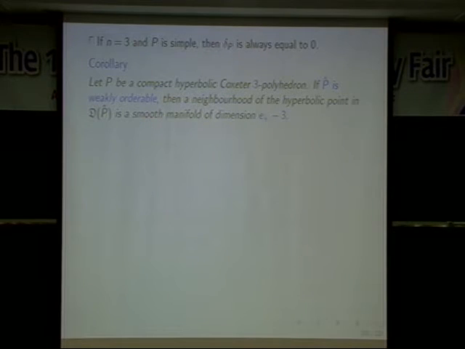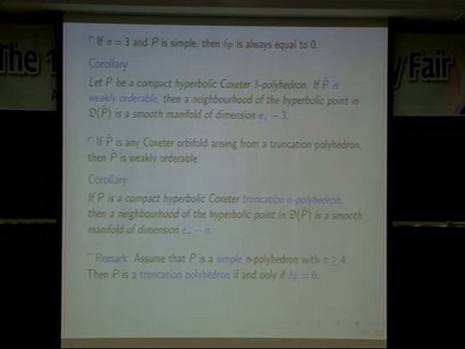So we have to check two conditions, but in this case one condition is not necessary, so we only check weak orderability. So if P is a compact hyperbolic Coxeter 3-polyhedron and P hat is weakly orderable, then the local deformation space is a smooth manifold of dimension E plus minus 3. Okay. So another corollary is that any Coxeter orbifold P hat arising from a truncation polyhedron is weakly orderable.